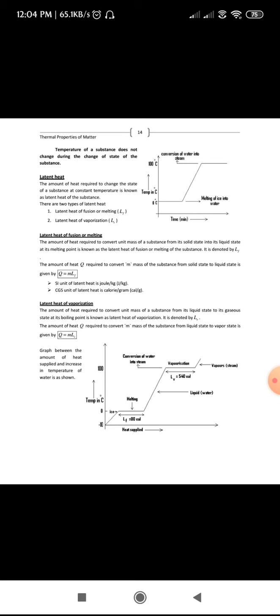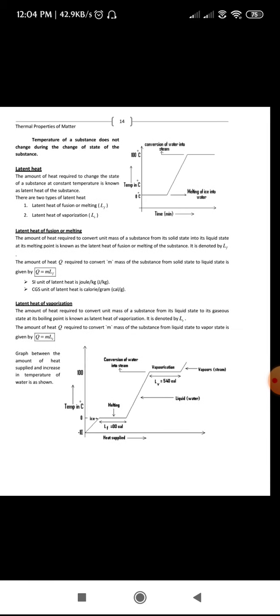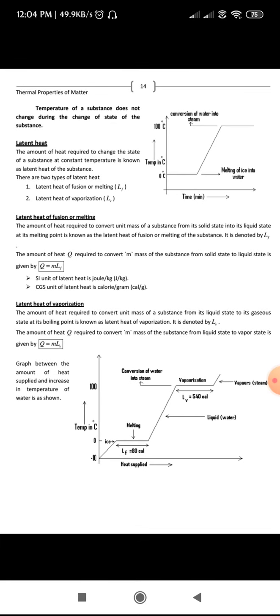In latent heat, you have two types. One is latent heat of fusion or melting, and another one is latent heat of vaporization. Latent heat of fusion or melting is the amount of heat required to convert unit mass of a substance from its solid state into its liquid state at its melting point, that is, from ice to liquid.